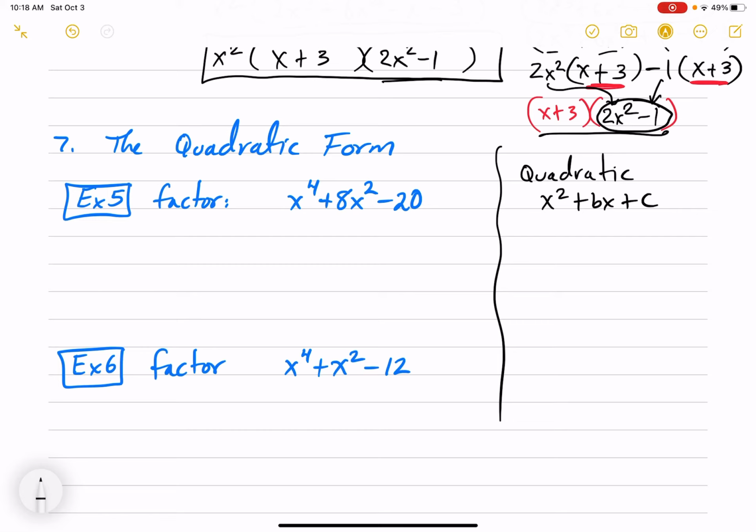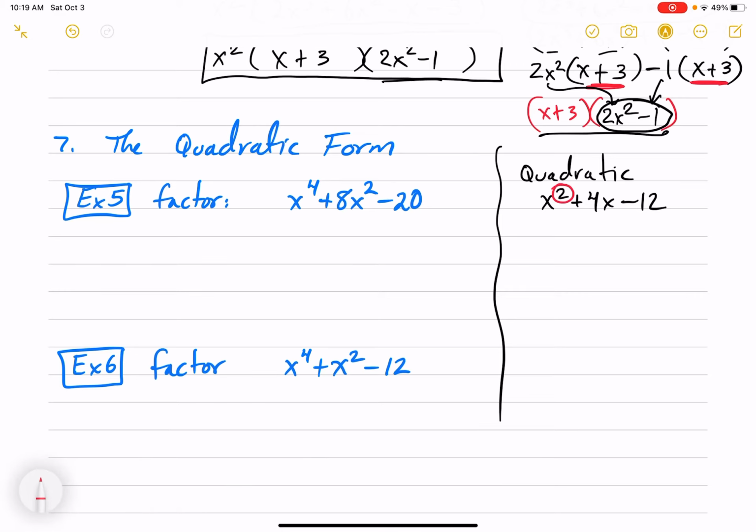An example of it could be x squared plus 4x minus 12. So this is an example of a polynomial that is factorable. It's a quadratic one. How do we know it's quadratic? Because the highest exponent is a 2.